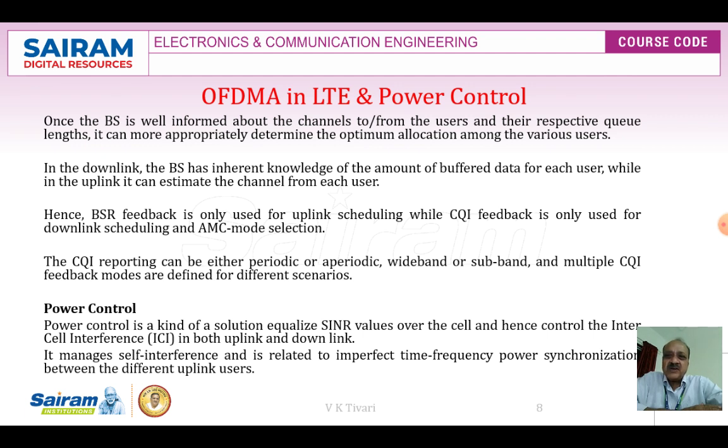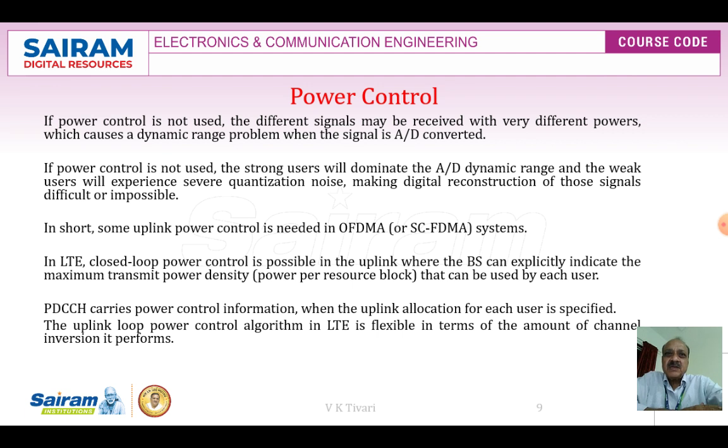It manages self-interference related to imperfect time, frequency and power synchronization between different uplink users. Power control continues: in LTE we generally use closed loop power control in the uplink, where the base station indicates the maximum transmit power density that can be used by each user.